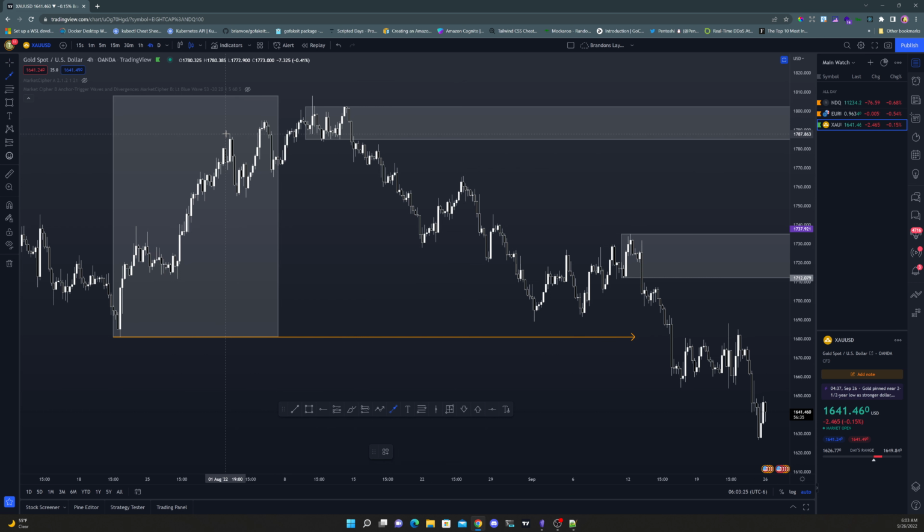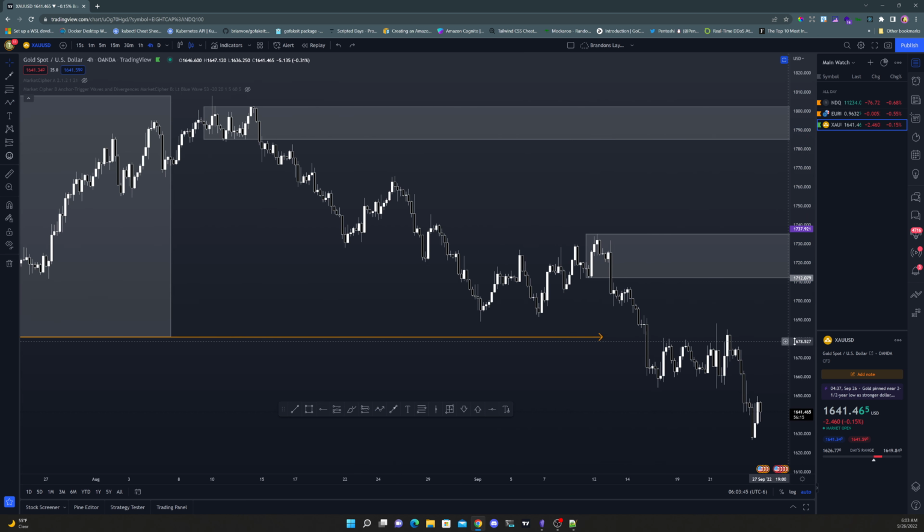You understand that this was the larger move, but in here you have some intermediate candlestick structure. Breaks, higher highs, lower lows, higher low, lower low, higher low, lower low, higher low. And then we finally break right here. You see that?